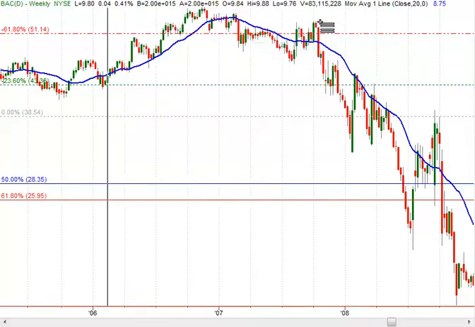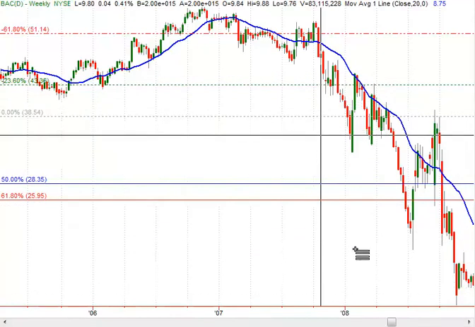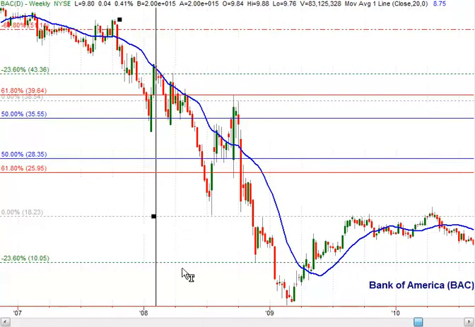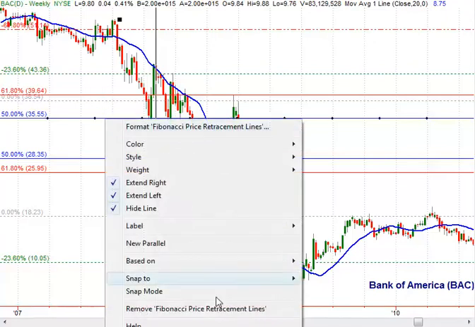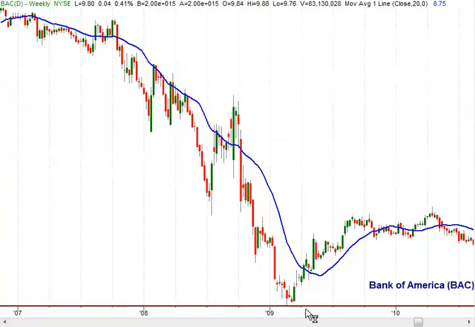There was this anchor which was used twice, and price got to the $10 level, and it continued lower into the lows in 2009.